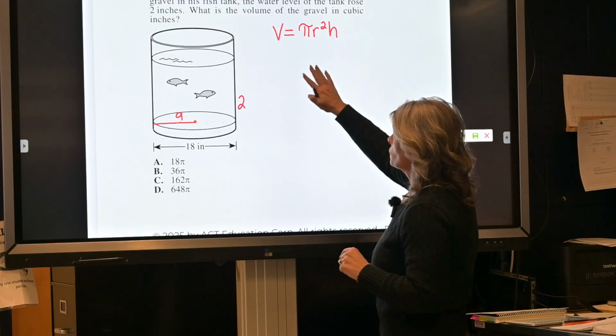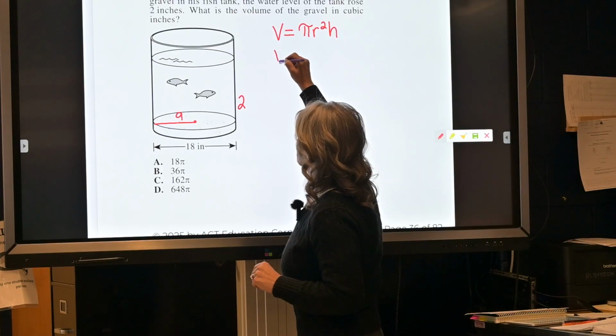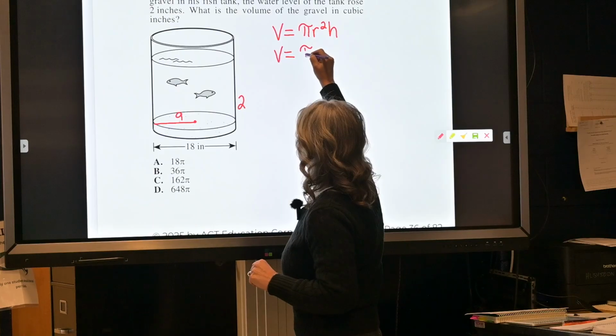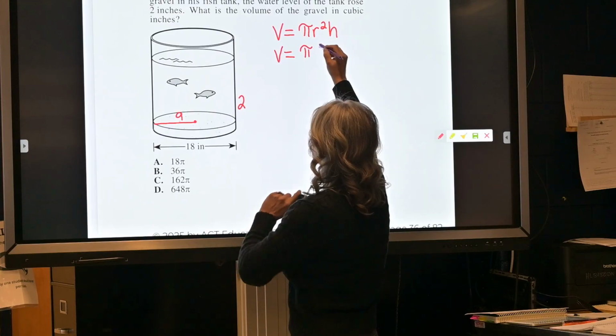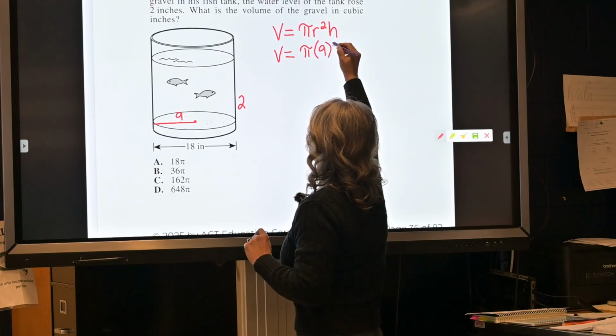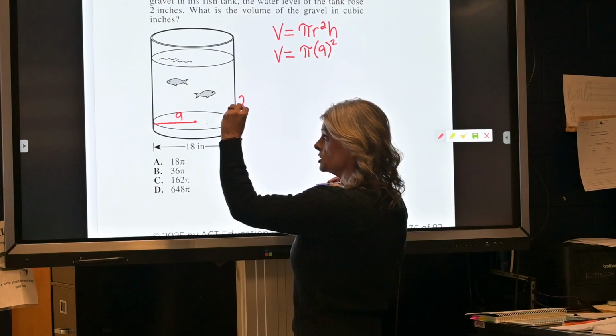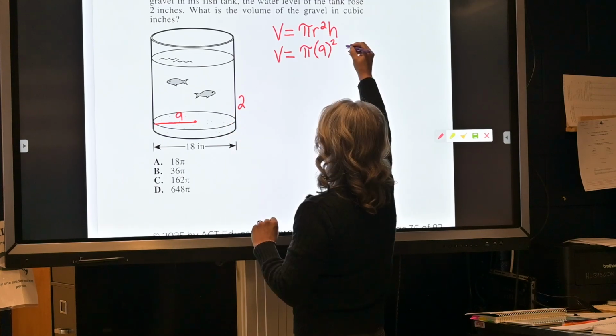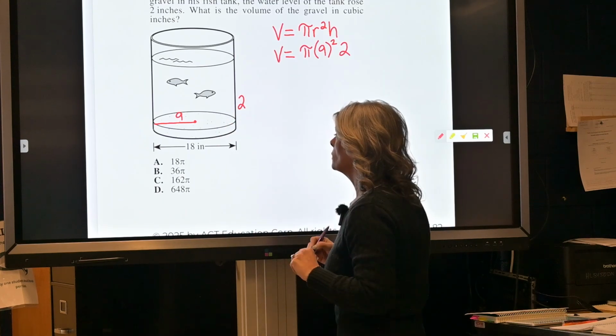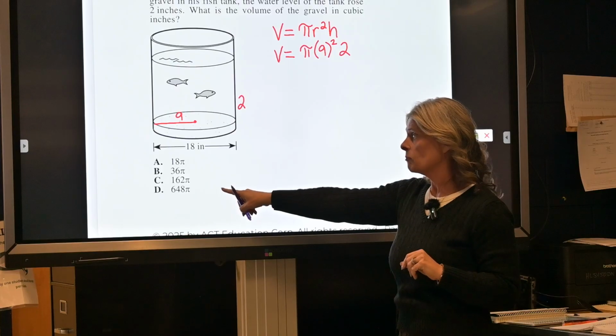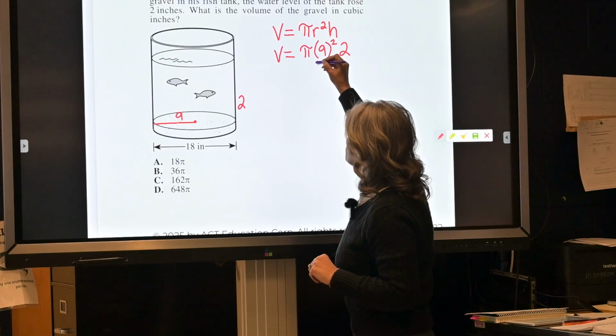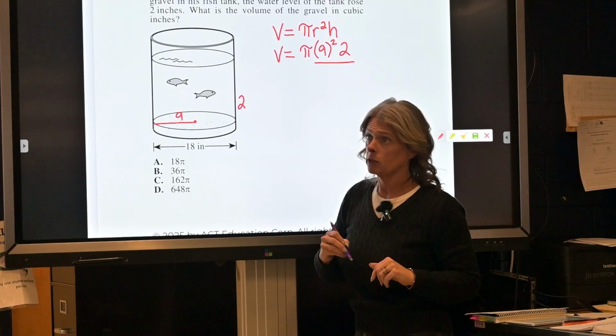All we're going to do is fill in our information here. Volume equals pi. My radius was 9. And my height that it changed was 2. So I'm going to multiply that by 2. If I look at my answers, they all have pi in them, so only put this part in your calculator.